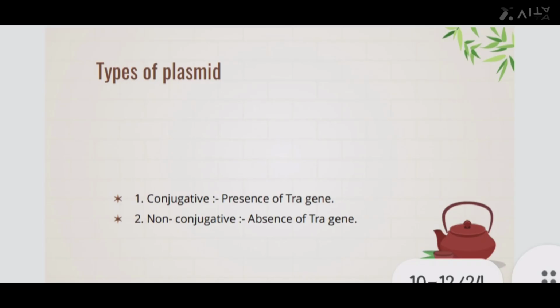Based on the transfer genes, there are two types of plasmid, conjugative and non-conjugative. Conjugative plasmids are those in which tra genes are present, and non-conjugative are those in which tra genes are absent.